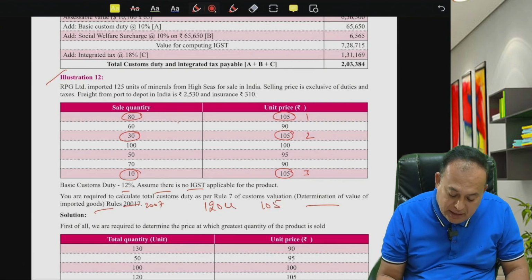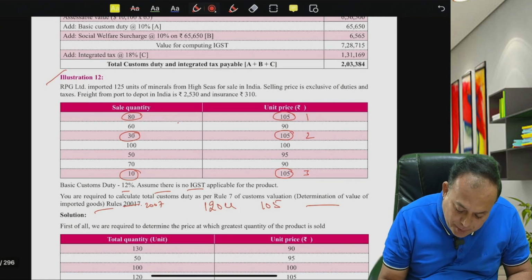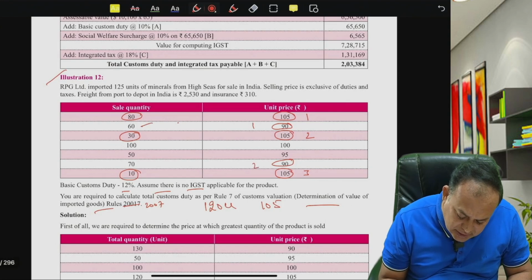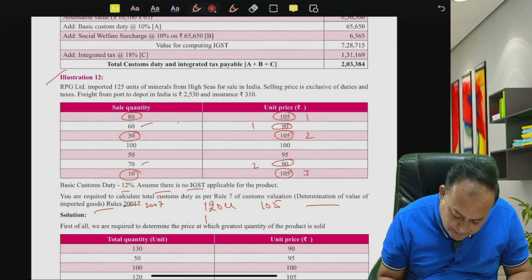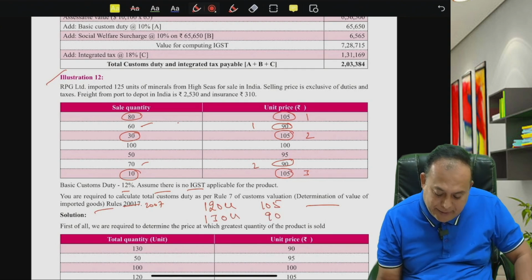Thereafter 90, how many times is it repeated? Twice. So 60 plus 70 is 130 units at the rate of 90 rupees per unit.